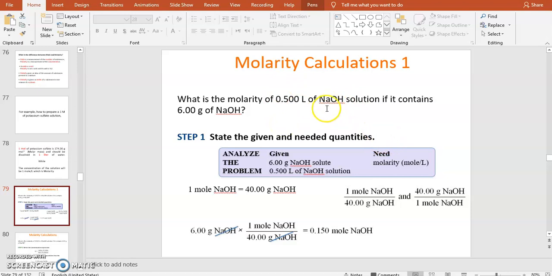So here it says, but we need the molar mass of the NaOH, sorry. So we can say that 1 mole of NaOH equals 40 grams NaOH. And then we will have 2 conversion factors.